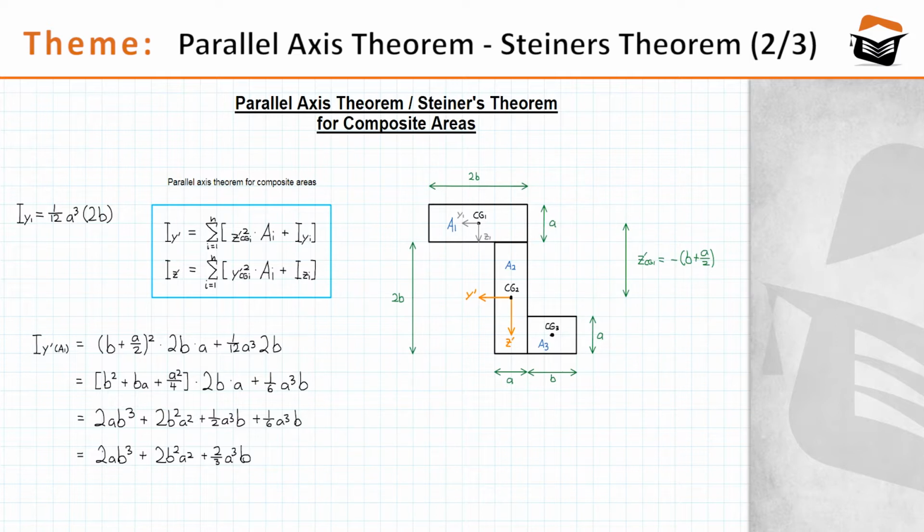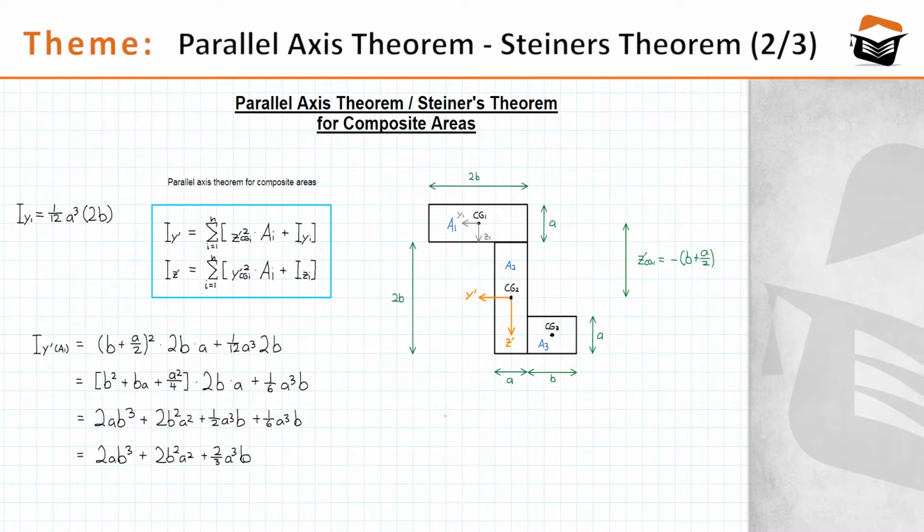So that's the area moment of inertia of the first partial rectangle with respect to the y prime axis. You should know that this is not yet what we're looking for. We're looking for I sub y prime, but we've just determined I sub y prime for A1.